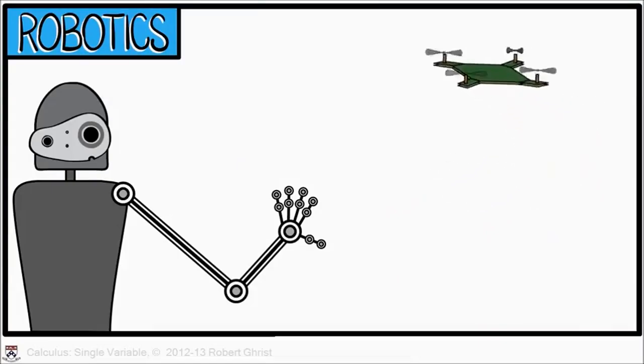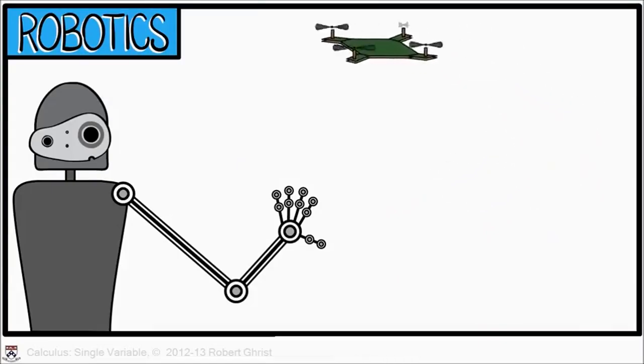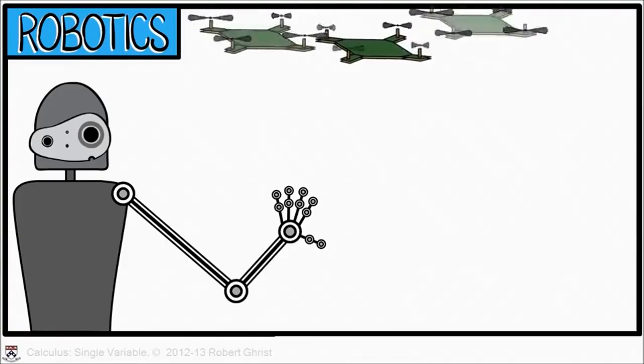Well, let's see. We have an x and a y and a z coordinate for its position. We have velocities in the x, y, and z direction. For these objects, we also have angles that determine their roll, their pitch, their yaw, how they are situated in space, and how they are moving about.